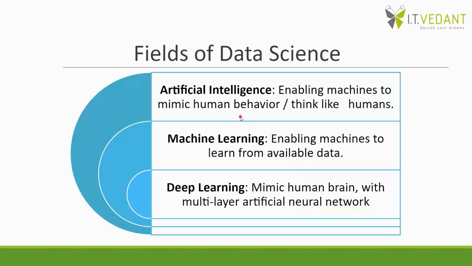And when it comes to artificial intelligence, take an example like Google Assistant, which behaves like a human being, right? When a machine puts together machine learning, deep learning, and all attributes together, it becomes artificial intelligence. So these are the three major fields in data science.